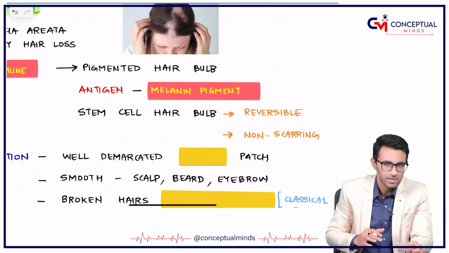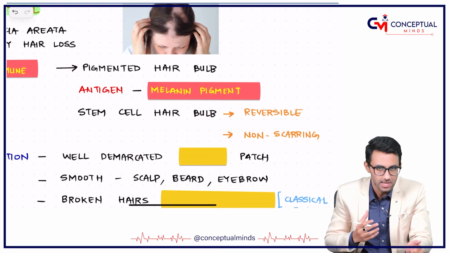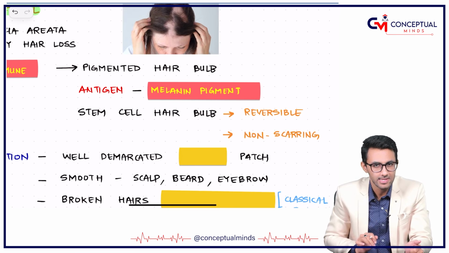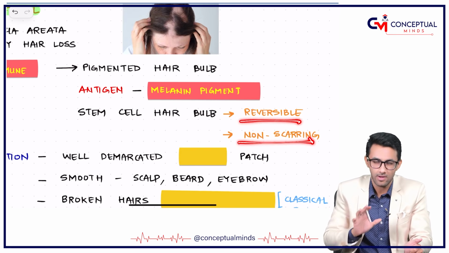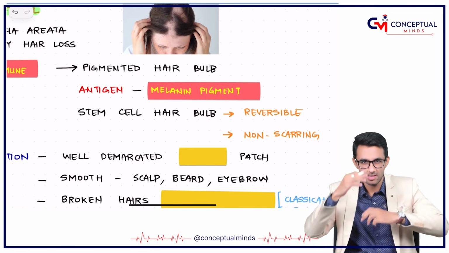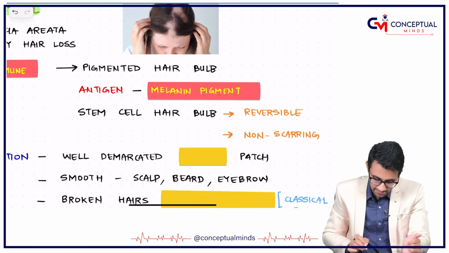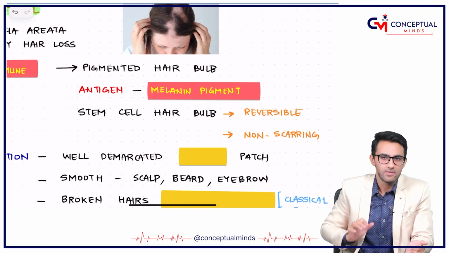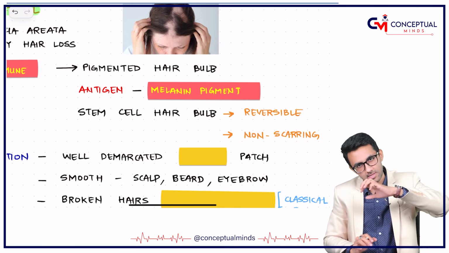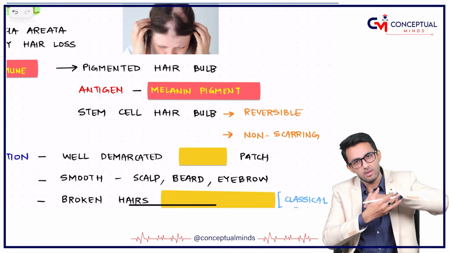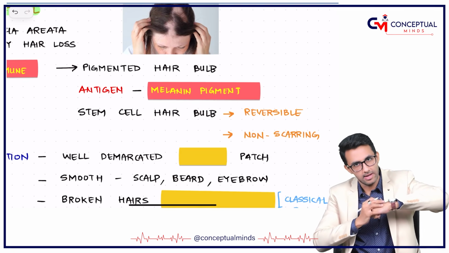If this is damaged, do you think it's going to be scarring or non-scarring? It will be scarring. But is this condition scarring? No. It is reversible and non-scarring. Did you get the point? Did you connect the two things? I'll repeat once again. When we were labeling our diagram, I told you that where we have the arrector pili muscle, it is getting inserted right into the hair follicles.